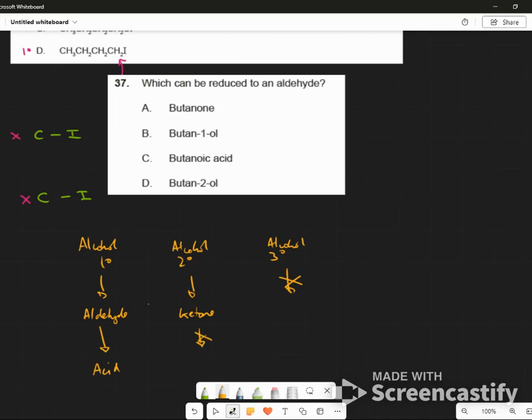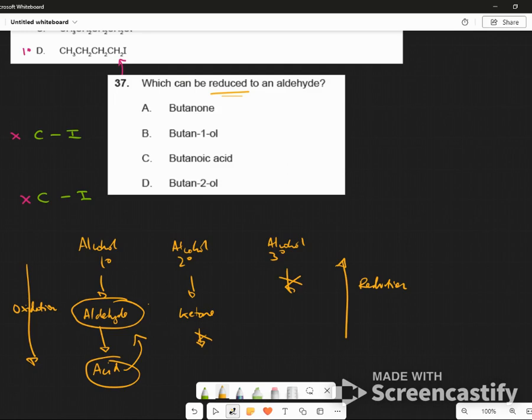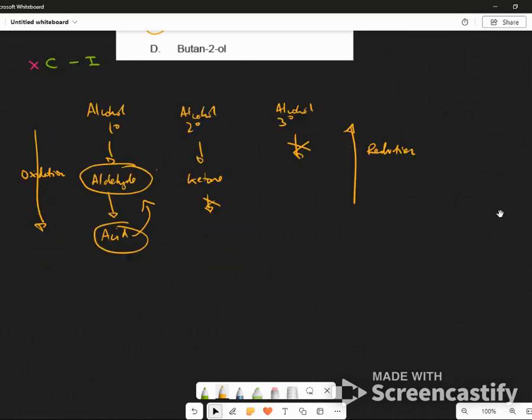Ketones don't get oxidized at all. So this direction is oxidation, and therefore this direction must be reduction. And it wants which one can be reduced to an aldehyde. The only thing that will reduce to an aldehyde is a carboxylic acid. So the answer is C. It's quite easy, really, but you've got to know your chemistry.